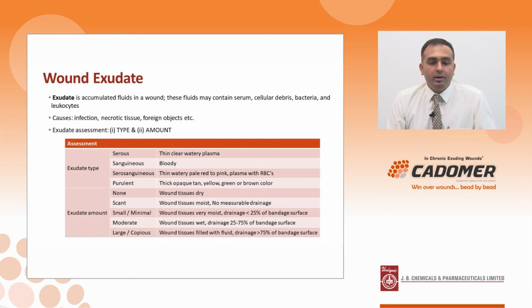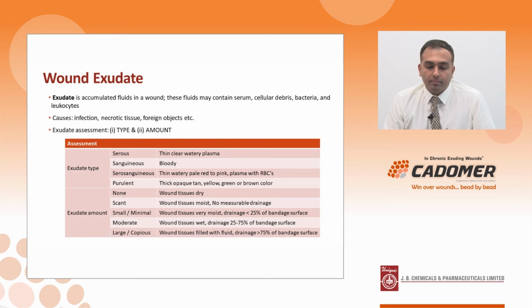Based on the exudate type, it is classified into 5, or primarily 4, different ways. If it is thin, clear, watery plasma, then it is called serous. If it is bloody in nature, if there is blood also oozing out along with it, then it is called sanguineous.